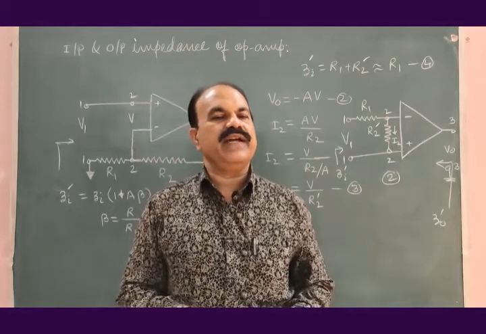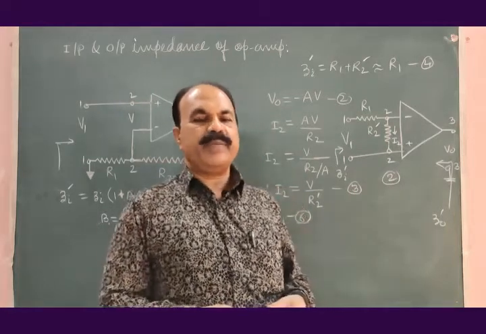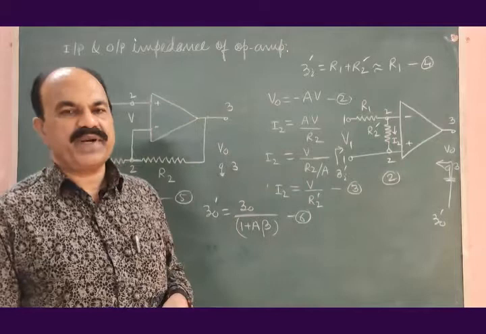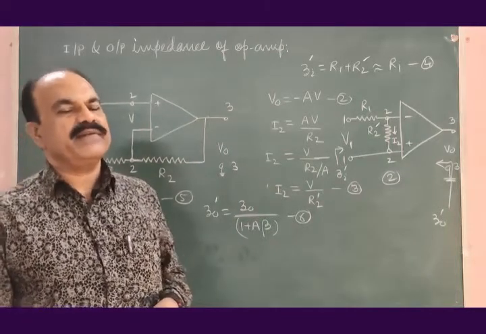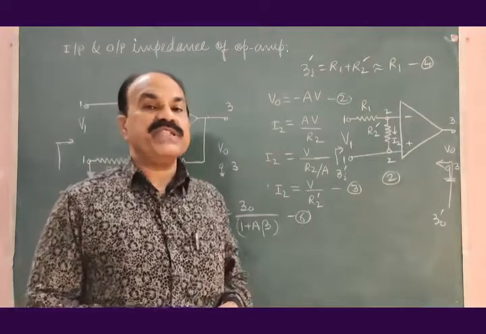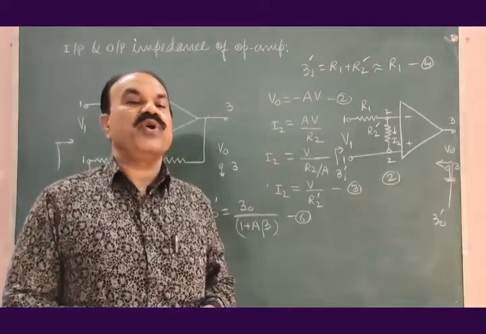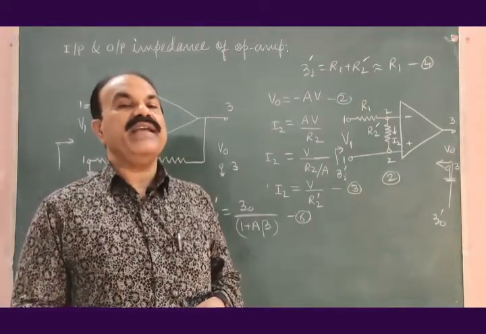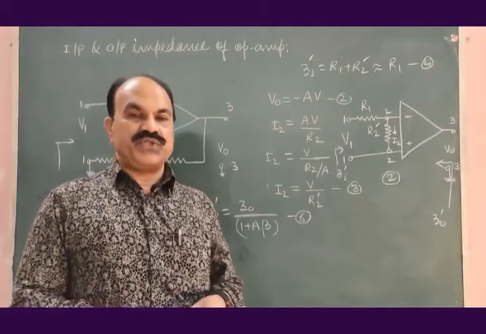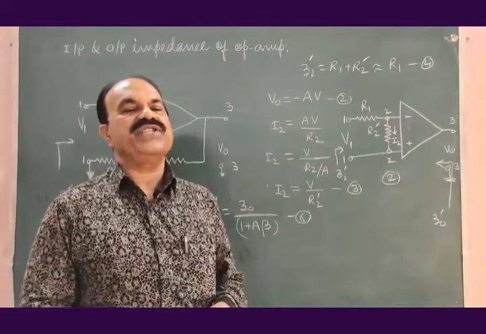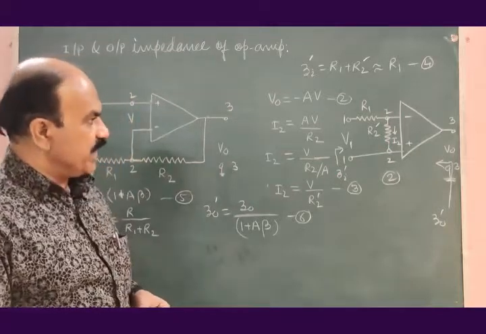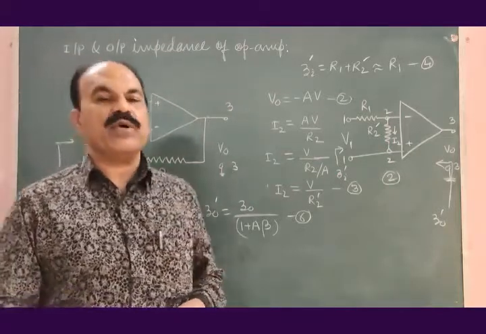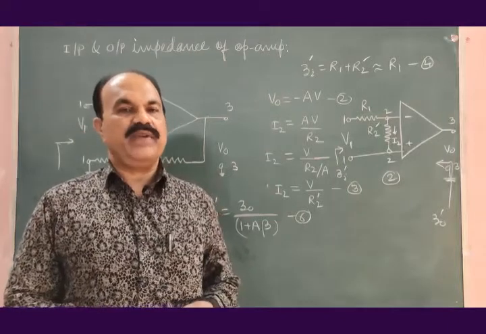This way we can find the input impedance and output impedance of an operational amplifier. Values of these impedances can be brought near to the ideal values if we use series voltage negative feedback. So this is about the input and output impedance of an operational amplifier.